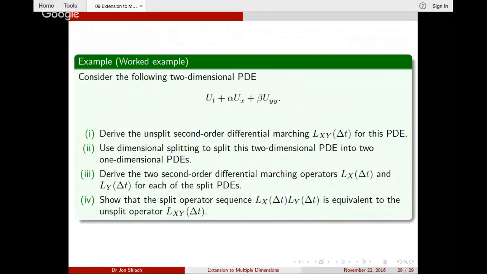All I have to do now is expand out, simplify, and I get my delta double t. So minus alpha times minus alpha is alpha squared, and that's multiplied by the second derivative of u. I'm going to have minus alpha times minus beta, multiplied by delta x yy.